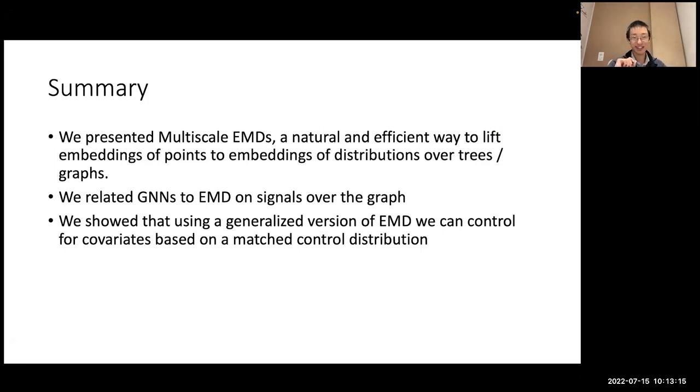It's kind of interesting. And then we showed that you could use EMD to control for these covariates by just subtracting the distribution, even if you don't know anything about what's happening. You can just subtract if you have a matched control. So this is a way of expanding the earth mover's distance for the fact that you have multiple controls in some cases.